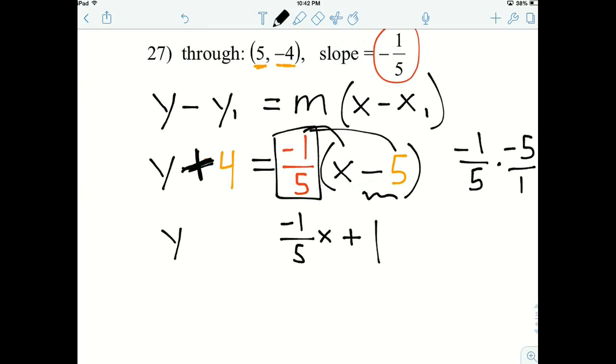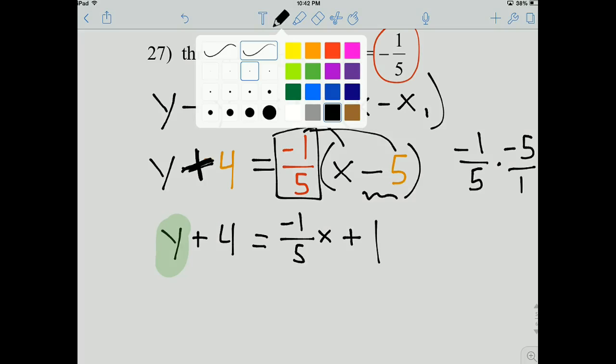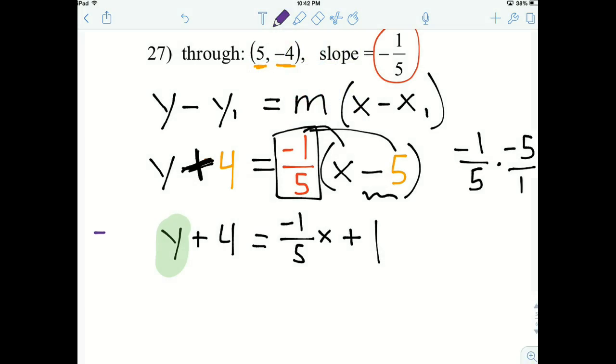We'll copy down our y plus 4 from the previous step. And the last thing, we do want to get y alone, so we need to undo that 4 that's being added. We need to subtract 4 from both sides. So we're going to add a negative 4 on both sides. And that negative 4 and positive 4 are going to reduce down to 0, leaving us with y equals negative 1/5 x.